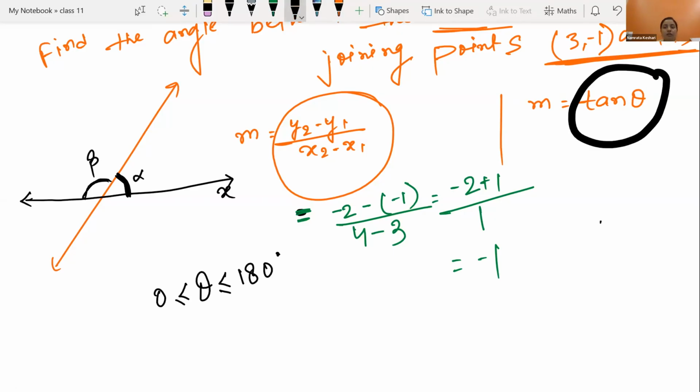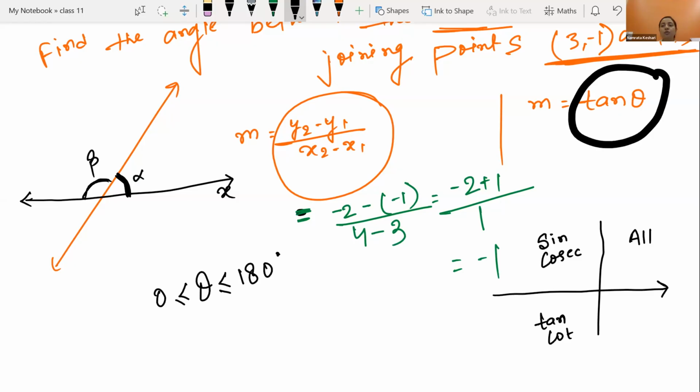And do you know that in the first quadrant all the trigonometric ratios are positive, in the second quadrant sine and cosec are positive, in the third quadrant tan is positive, and what also? Do you know, Manvi and Neha? No, ma'am.